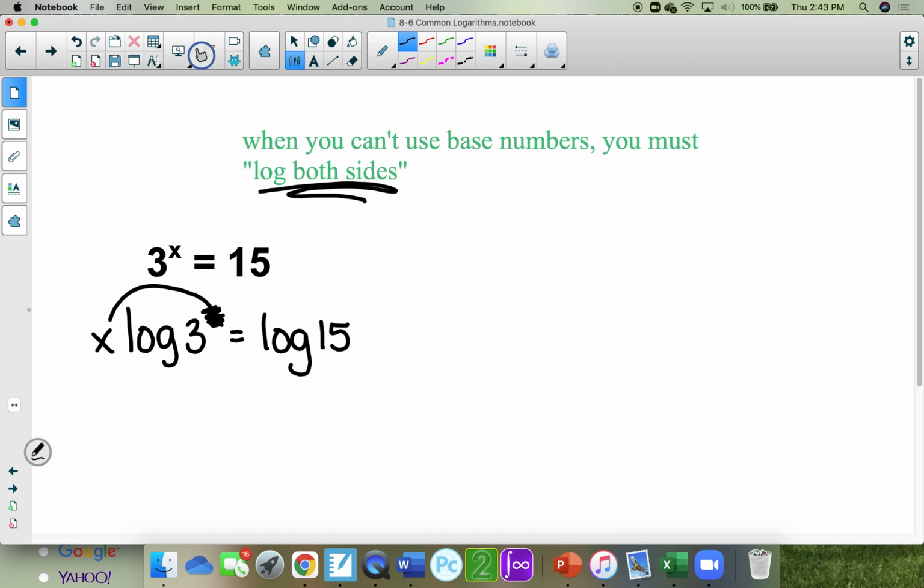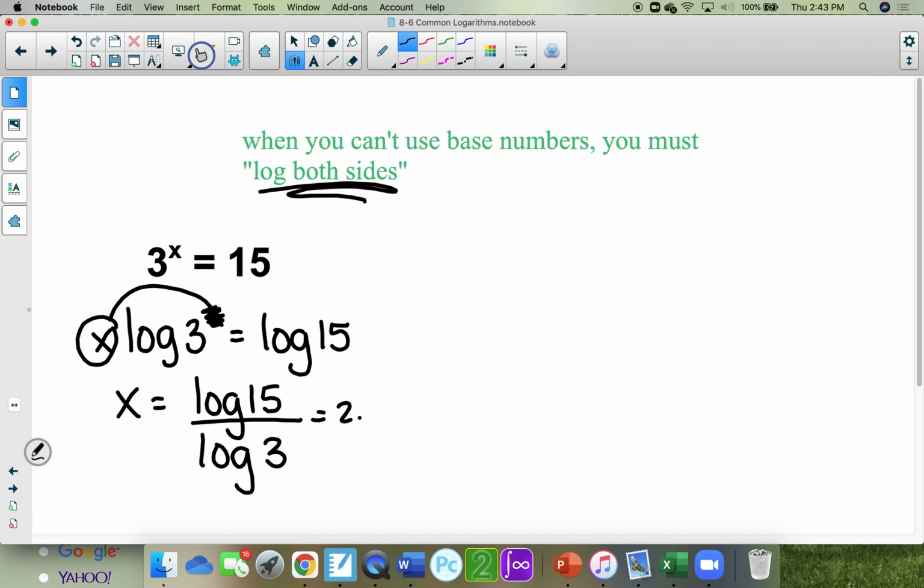Everybody see what I did? If I logged one side, I just logged the other. In order to get x alone now, all I'm going to do is divide both sides by the log of 3. So all you have to do is take the log of 15 on your calculator and divide it by the log of 3 on your calculator. And you're going to get 2.465. So the second part of this assignment is logging both sides.